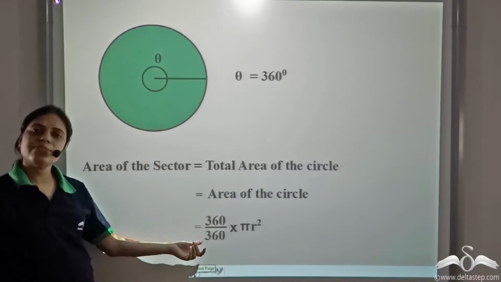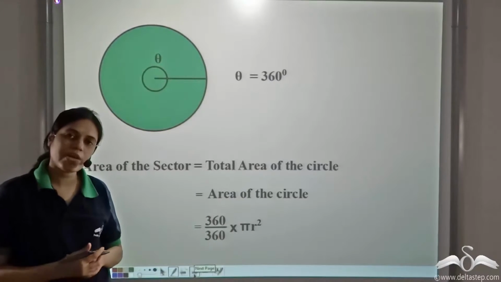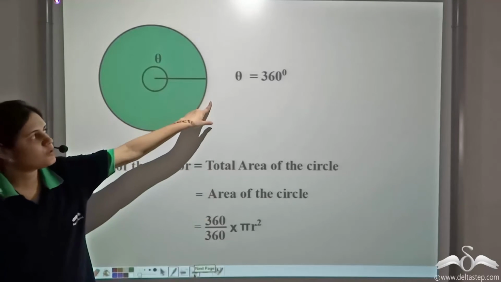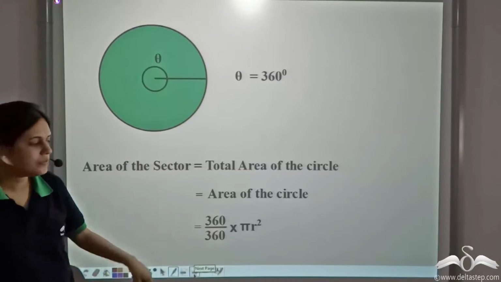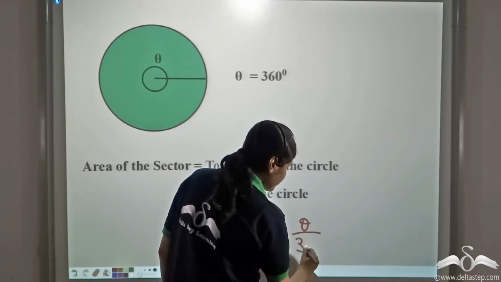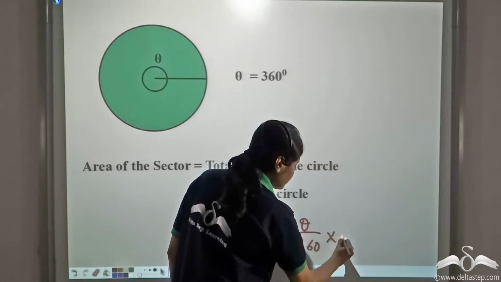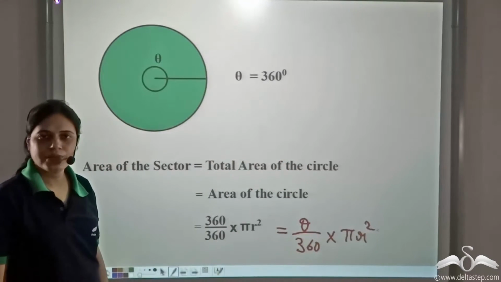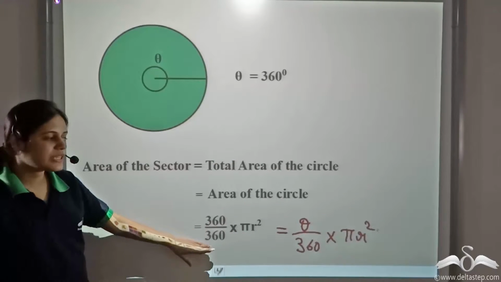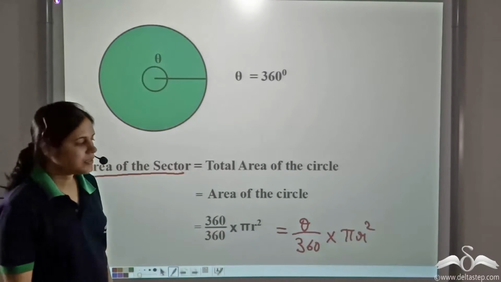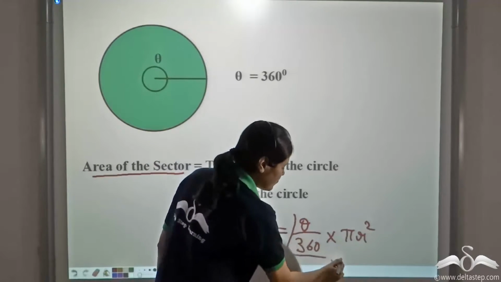So this is 360 by 360 into pi r square. Now 360 is equal to theta, which is the central angle. So this is equal to theta by 360 into pi r square. So in each of the cases, we see that we get the area of the sector by this formula.